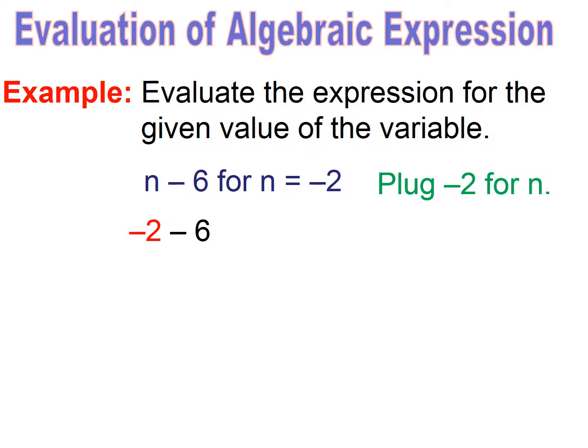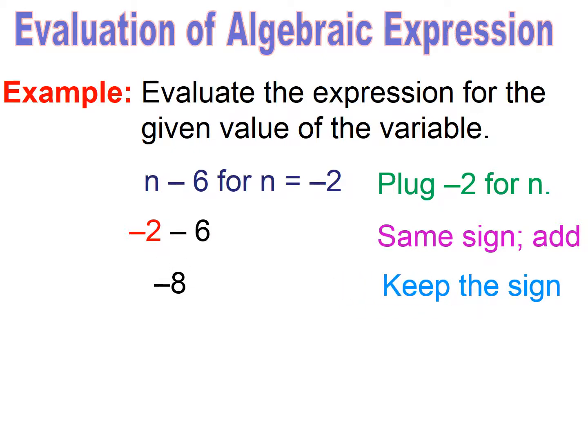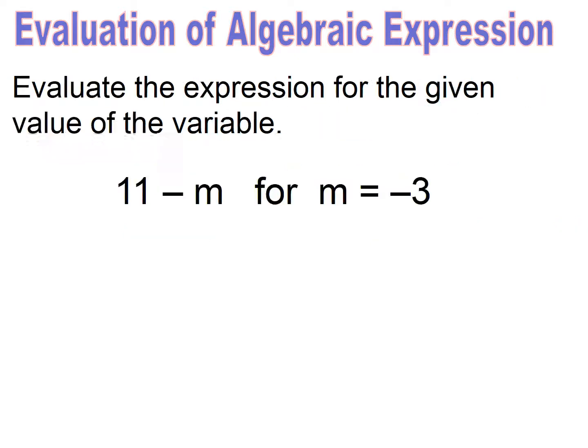So I end up with a negative 2 minus 6. Again, same sign means I'm going to add and keep the sign. So in this case, my solution would be a negative 8. So when I evaluate n minus 6, when n is negative 2, my solution will be a negative 8.